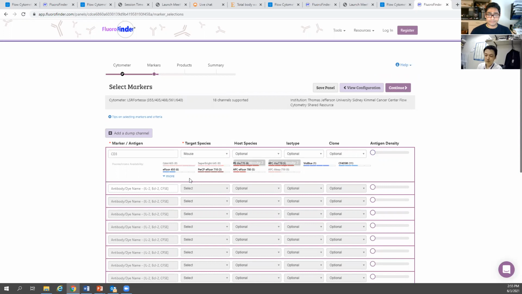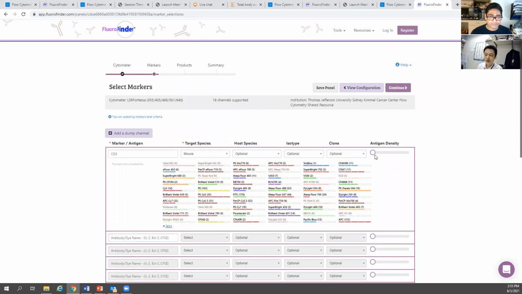If it's human, pay attention here. Before I choose the antigen density, it lists all the available antibodies for this color. But if I tell the software my antigen is a highly expressed antigen, it will automatically block the bright colors and only give me options for dimmer colors.